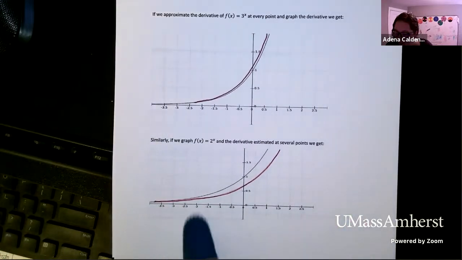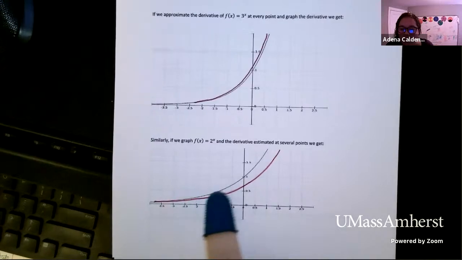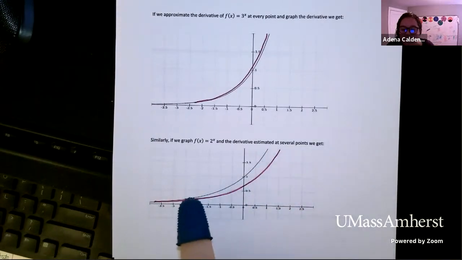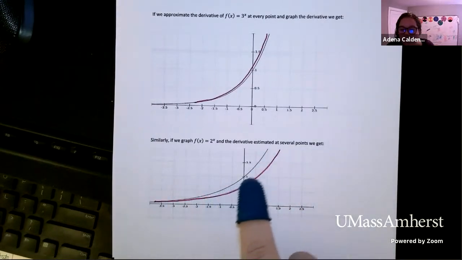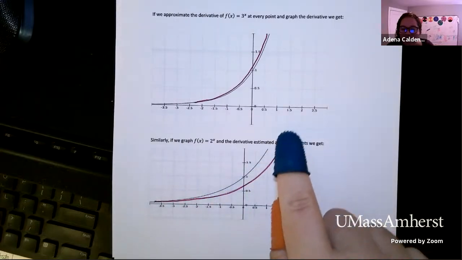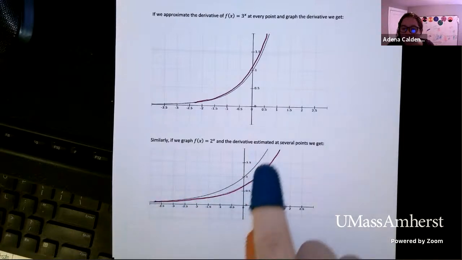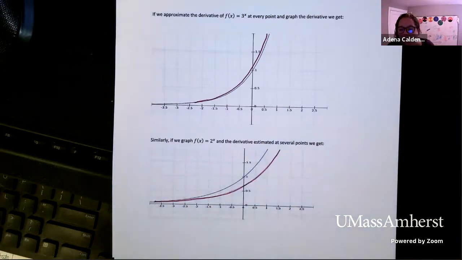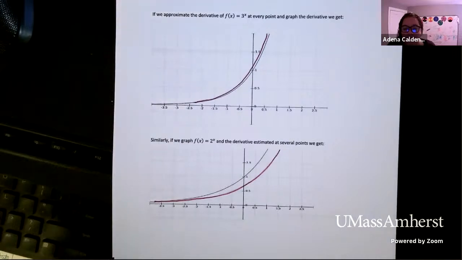If we look at the same thing for 2 to the x, 2 to the x is this black line, and then the derivative at every point is this red line. So we see that it has the same general shape, but it's not quite the same. So what we get from this is that the derivative is some form of exponential function, right?